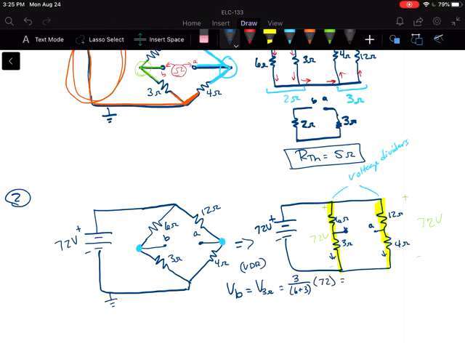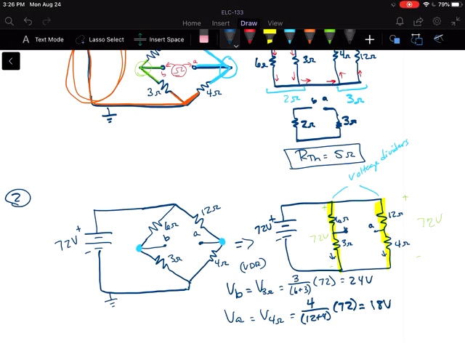So basically a third of this voltage is what we see at B. And that's 24 volts. And then the voltage at A is the voltage drop across the 4 ohm resistor on the right. So voltage divider there would be 4 over 12 plus 4, or a fourth of 72. And that would be 18 volts.